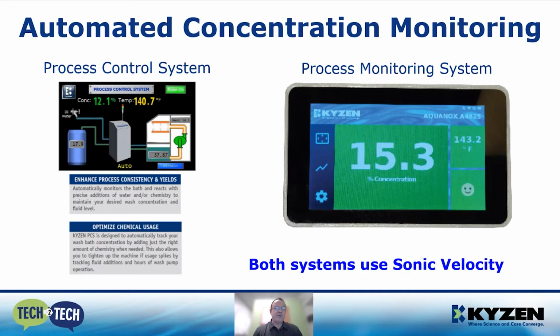While the process monitoring system just keeps an eye on your concentration and temperature, and it records all this data for future traceability purposes or for tracking or troubleshooting problems.